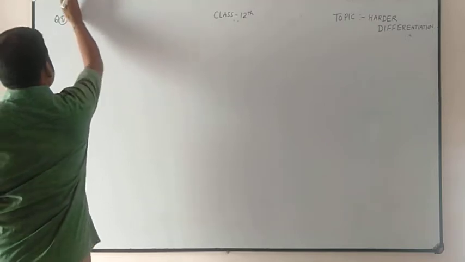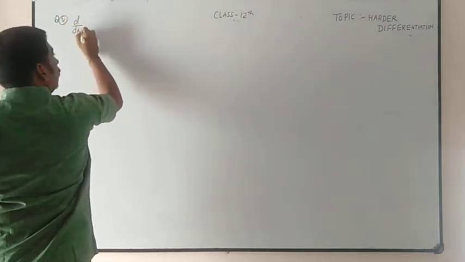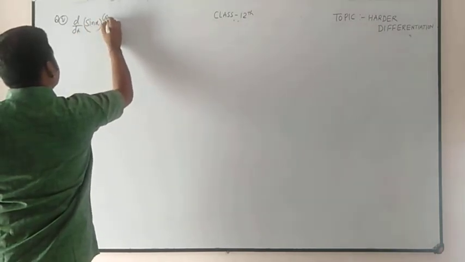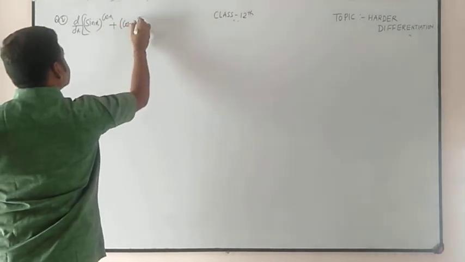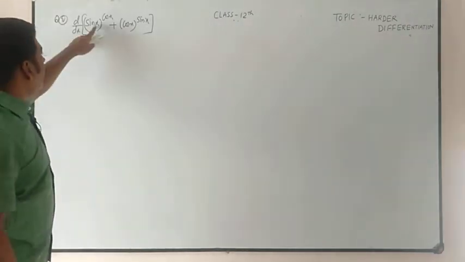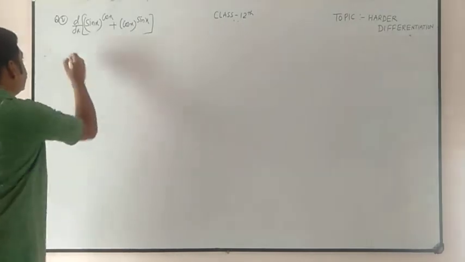d by dx of sin x raised to cos x plus cos x raised to sin x.